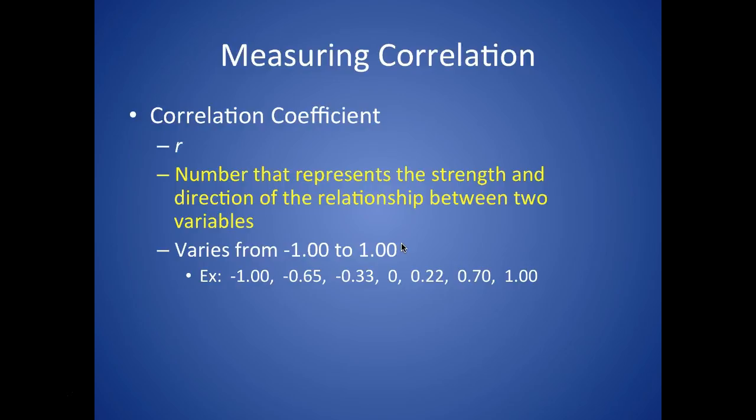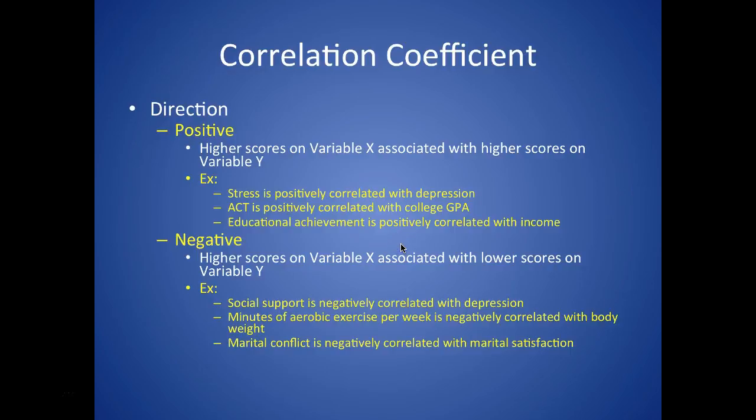Generally speaking, as one variable gets greater and the second gets greater, like height and weight, in general, if that's the relationship, you have a positive correlation. And if it goes the other way, you have a negative correlation. Some examples of positive correlation are the amount of stress that you're experiencing and depression.